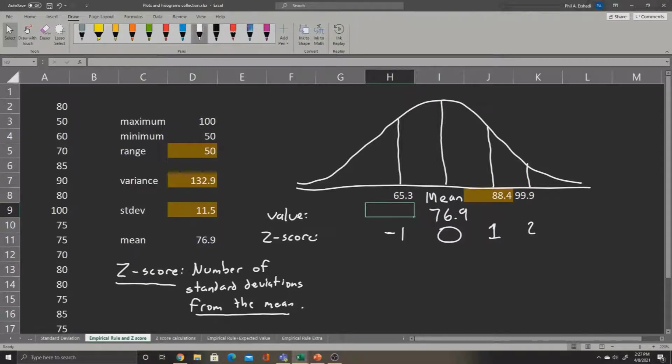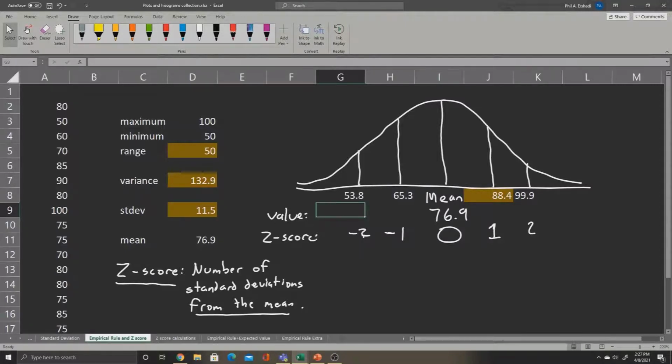We can also mark another point further along, give it a z-score of -2, and then take away another standard deviation. We'll say equals the previous number and then subtract an additional standard deviation. And this marker will be 53.8.